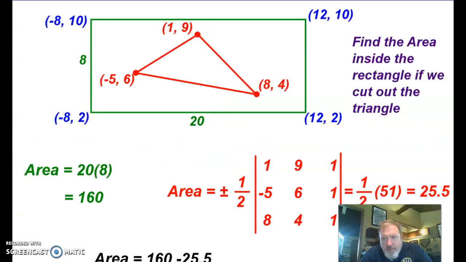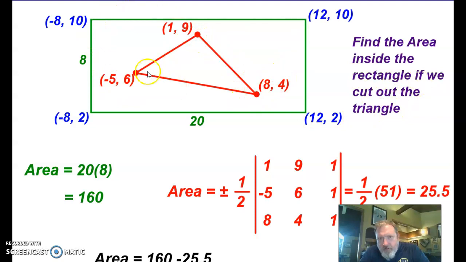All right, number 11, last one here. So you can see we have a rectangle, and they gave us the 4 vertices for the rectangle, and then we also have a triangle here. And our directive is to find the area of the rectangle, or inside the rectangle, if we cut out the triangle.